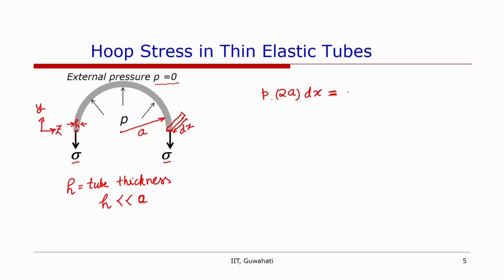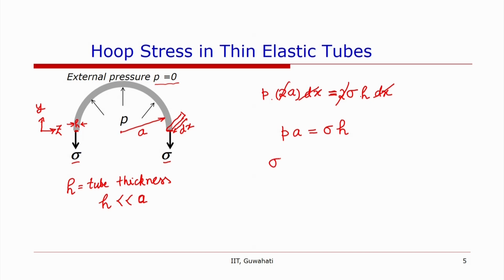So this is equal to sigma into H dx, the area of the tube wall on which this stress is exerted, and we have two such surfaces, so this is multiplied by 2. Now dx will cancel out, and we can also cancel out 2.